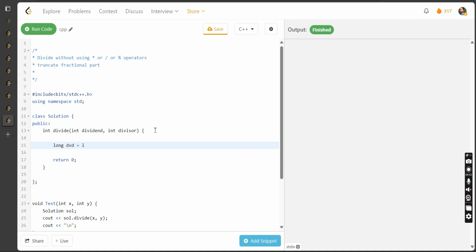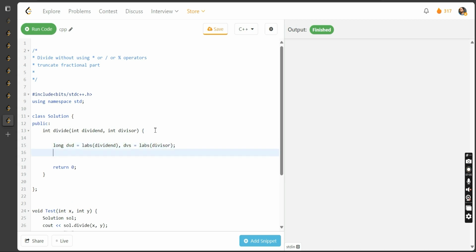A long absolute dividend, and a long absolute divisor. I pick long because we have to deal with int min and int max. That's why overflow may be there. So that has to be handled.